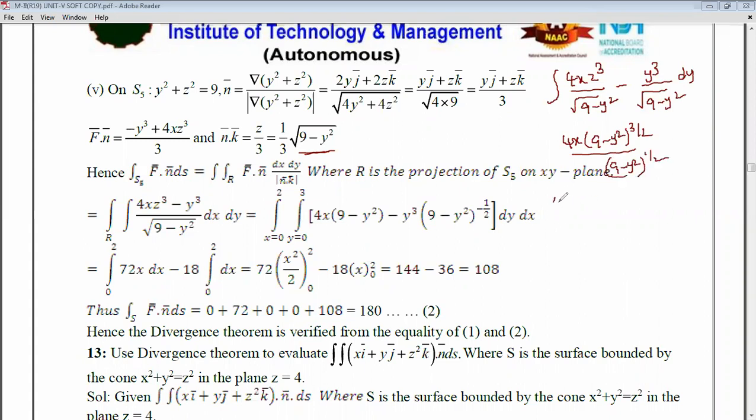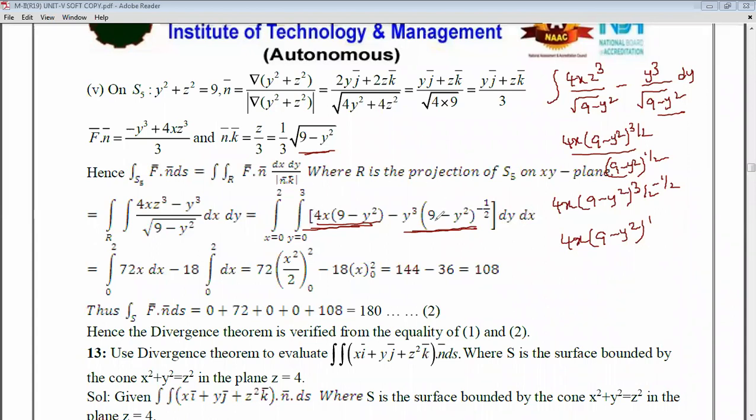So 4x into (9 minus y²) to the power, if you take this into the numerator, it changes to minus 1/2. So 3/2 minus 1/2, which means 4x into (9 minus y²), since 3 minus 1 is 2, by 2 is 1. So that's why we got here 4x into (9 minus y²), and y³ into this, there is no change, they wrote as is. y³ into (9 minus y²) to the power minus 1/2 dy dx.